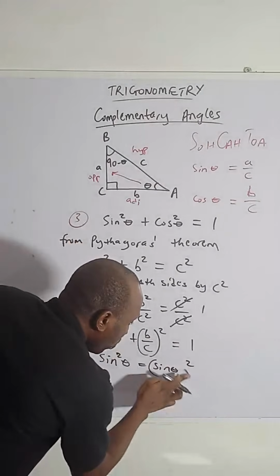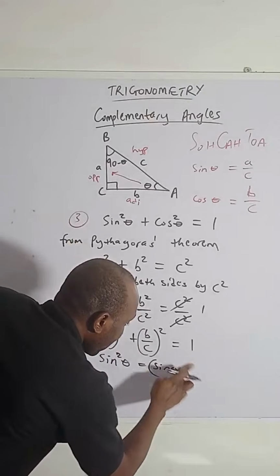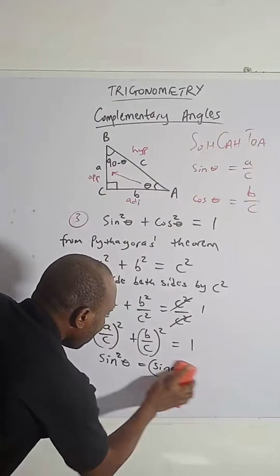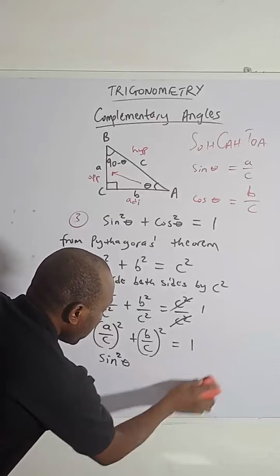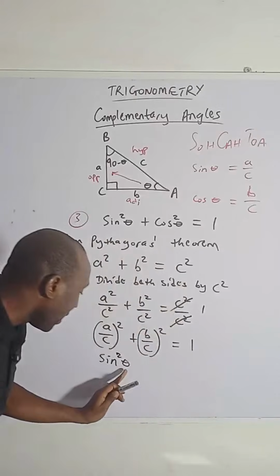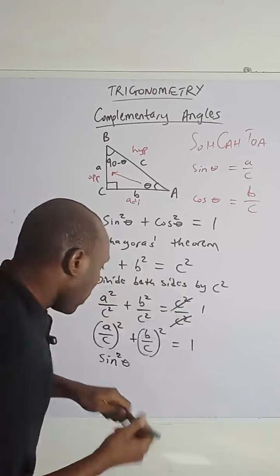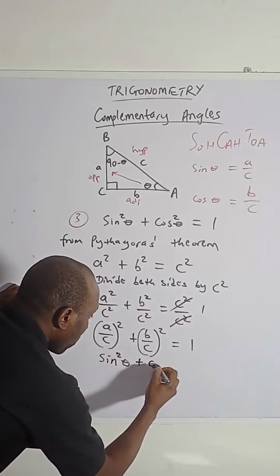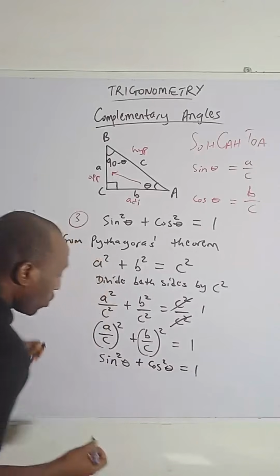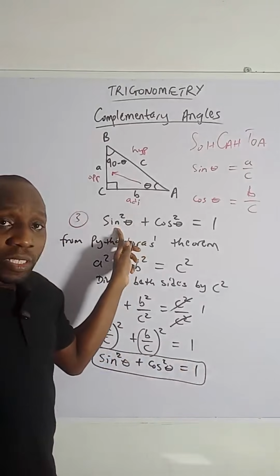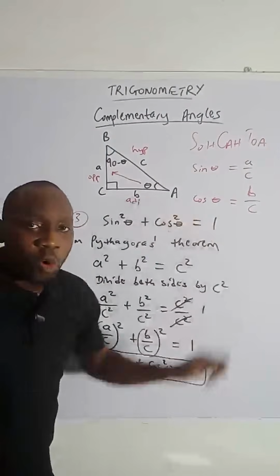But don't write the square only on the angle. That will be wrong. You put it in between the trig function and the angle. So sine square theta is the same thing as sine theta all squared. Then plus cos square theta is equal to 1. So we have proven that sine square theta plus cos square theta is equal to 1.